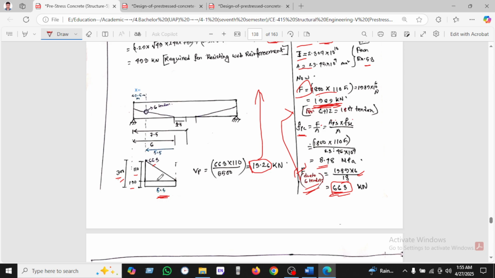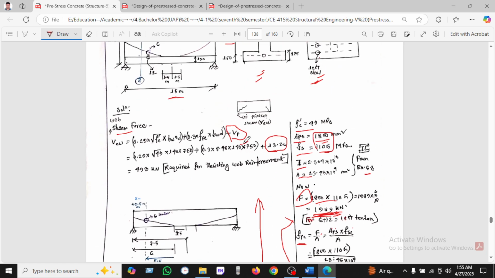It will be divided into two portions. Now I will calculate BD. This is the most important. We know for 6 tendons the force is 663, and this is the length, 5.5 meter, which we convert into millimeter. And the height we know is 110 millimeter. In this way we can calculate the pre-stress shear, which is 13.26 kilonewton.